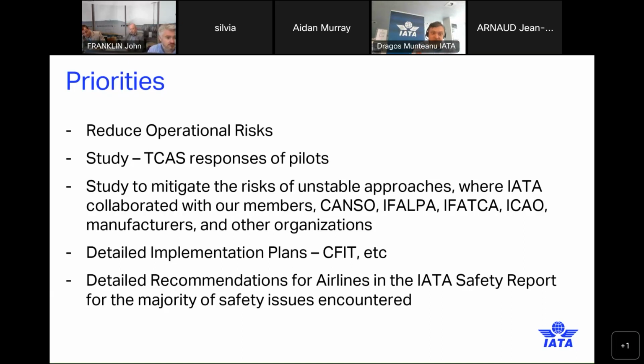For instance, CFIT, since for us it was, let's say, a start of how to work in that aggregated manner with regulators, with airlines, with manufacturers. How can we tackle, how can we reduce CFIT types of accidents?